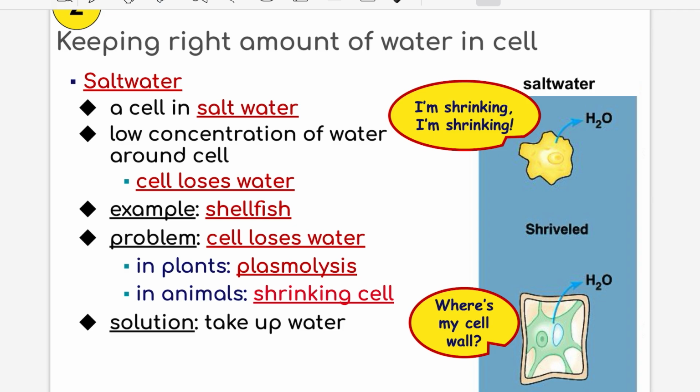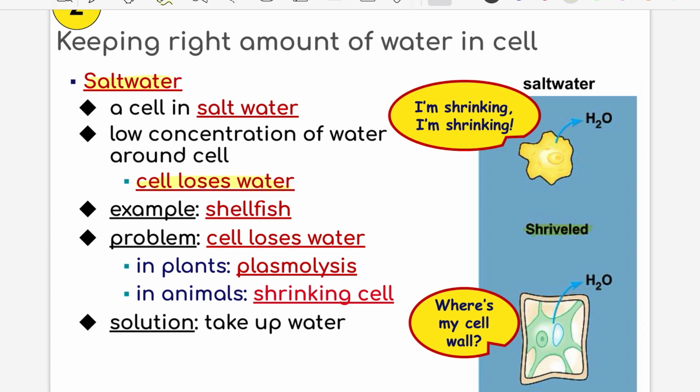In salt water, remember that plant and animal cells don't appreciate being in salt water because they shrink and die. Or a plant cell will undergo plasmolysis, right? The plant cell doesn't want to be plasmolyzed, and the animal cell doesn't want to shrink and shrivel up and die like a raisin. So the cell is losing too much water, and that's the problem.